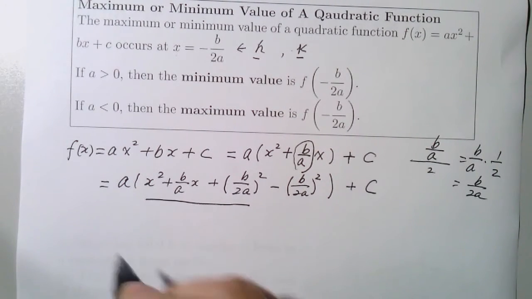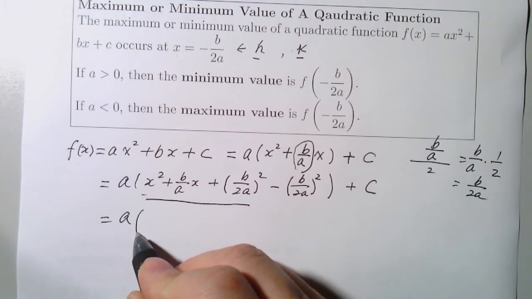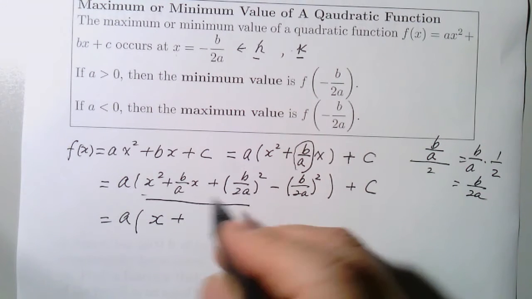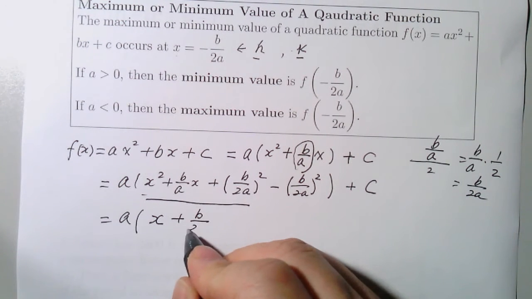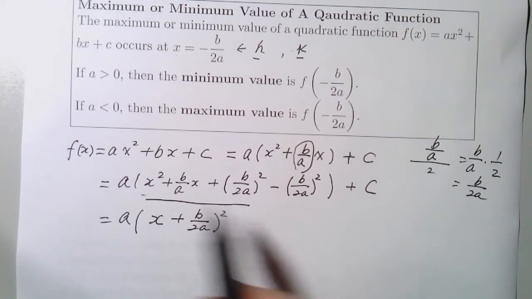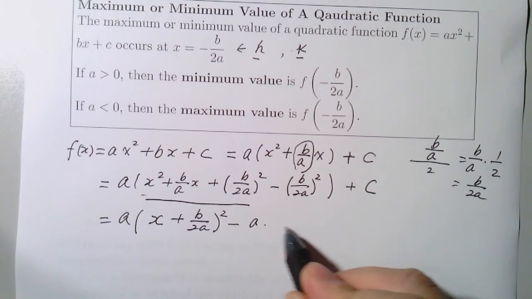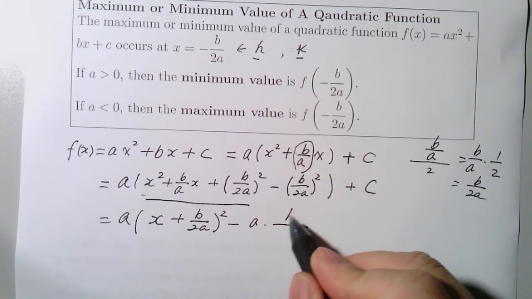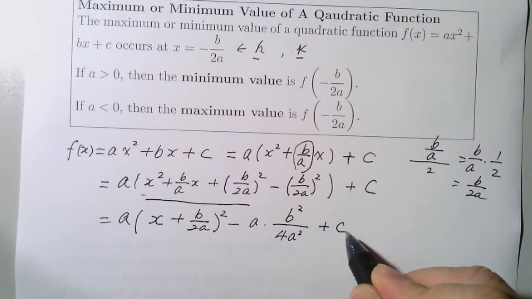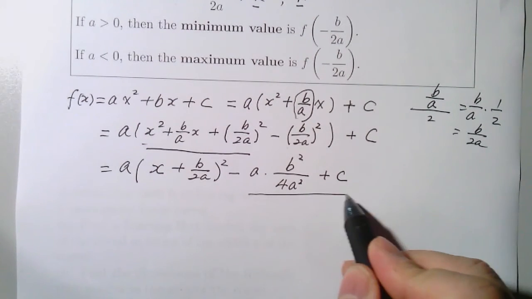Now I have a times the perfect square, x plus b over 2a squared, minus a times b squared over 4a squared, plus c. Let's simplify.